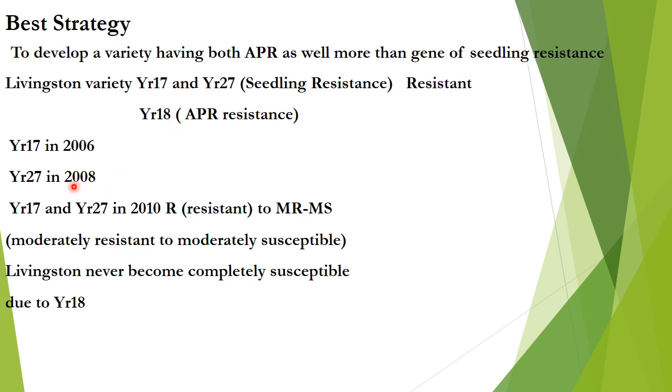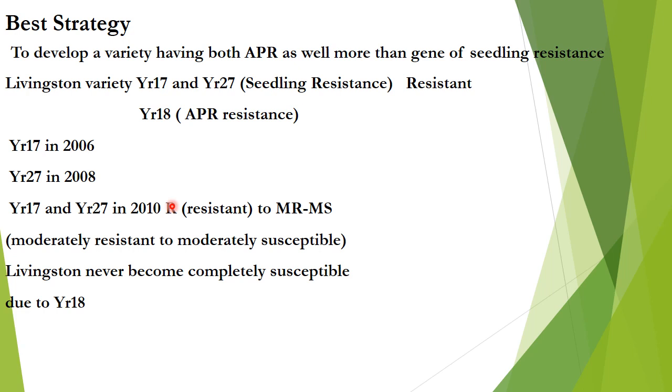Two years passed, and in 2008 another pathotype came which had the capability of breaking the YR27 gene, but the variety survived because it has YR17 along with the YR18 gene. And in 2010 a new pathotype arrived that broke down both seedling resistance genes, YR17 along with YR27.